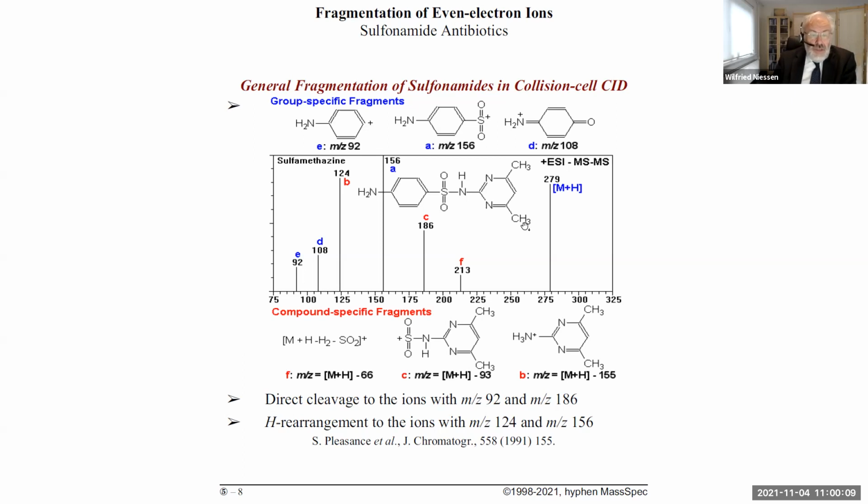And with the sulfamethoxazole from the exercise, we also looked at the product ion 108, which is due to secondary fragmentation of 156 with a rearrangement and the loss of SO. And we also looked into the loss of 66 from the M+H, being the loss of H2SO2.